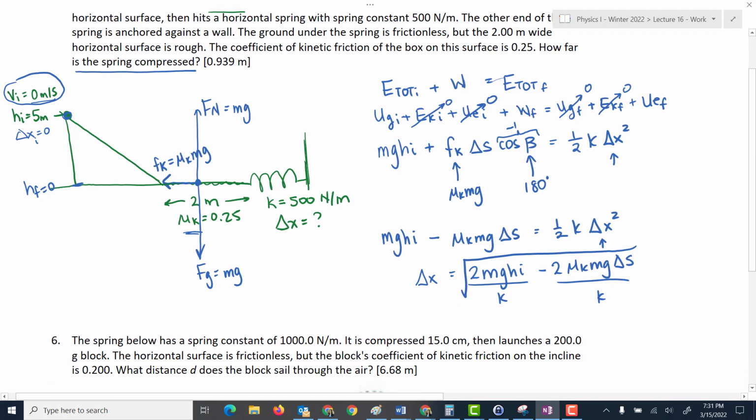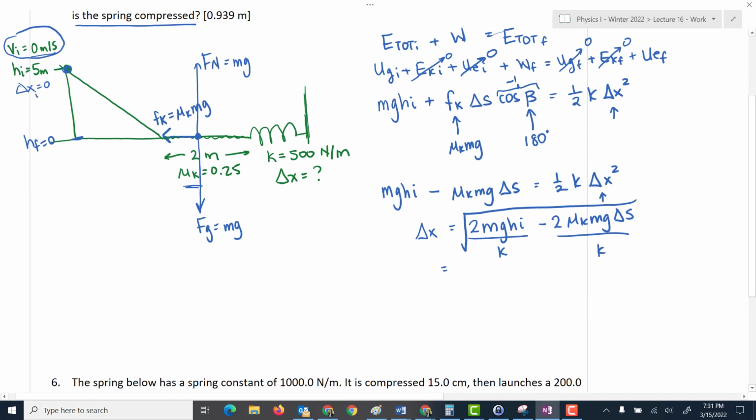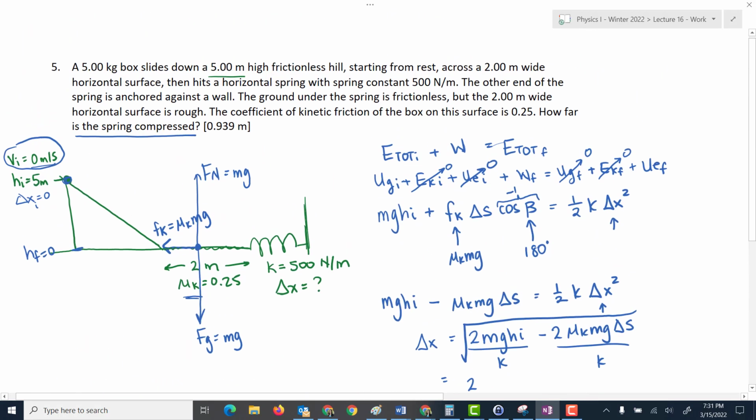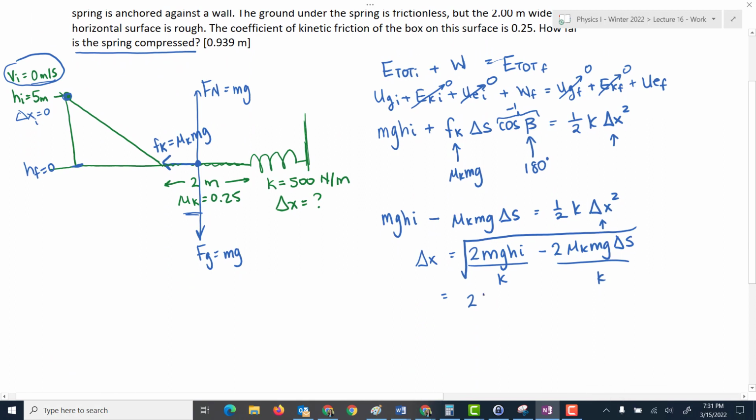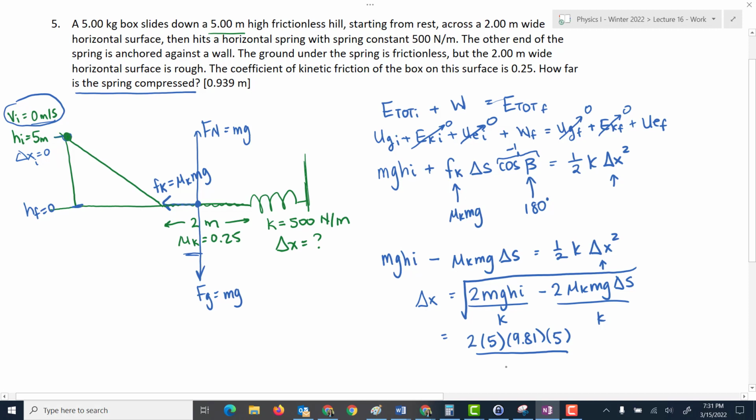And now I'm ready to sub everything in. So I have 2, my mass of my box is 5 kilograms, g is 9.81, and the initial height was 5 meters, over k. They told me that the k was 500, minus 2 times the coefficient, which is 0.25, times the mass again, which was 5 kilograms, times gravity, 9.81.